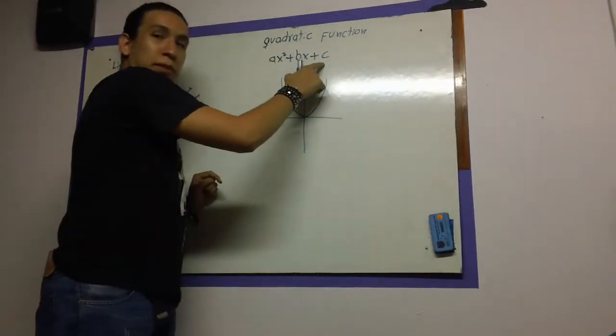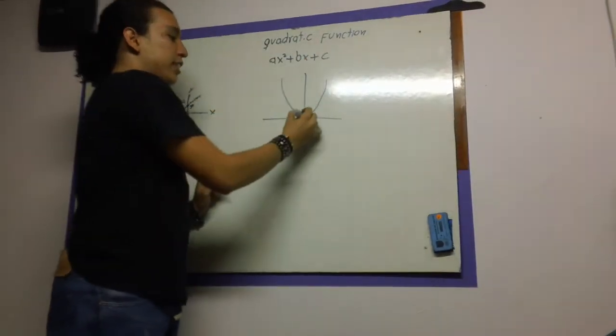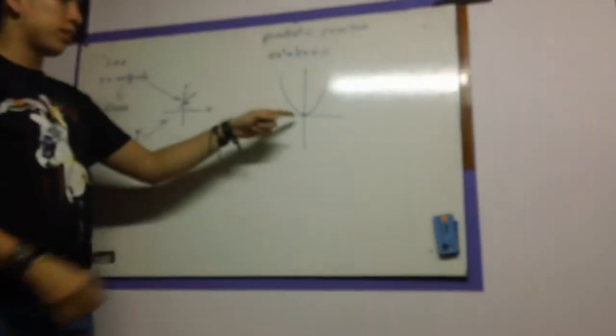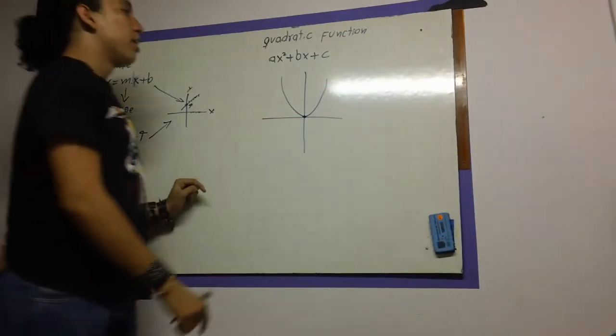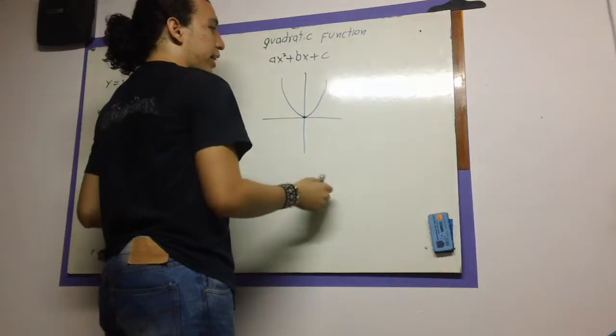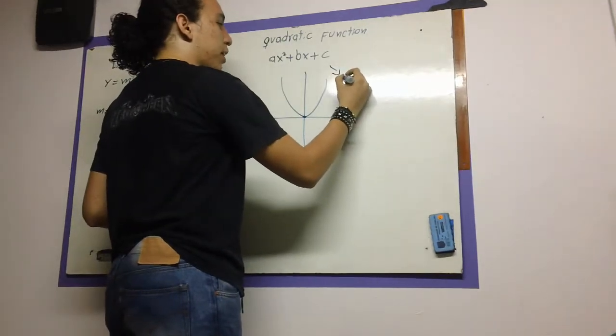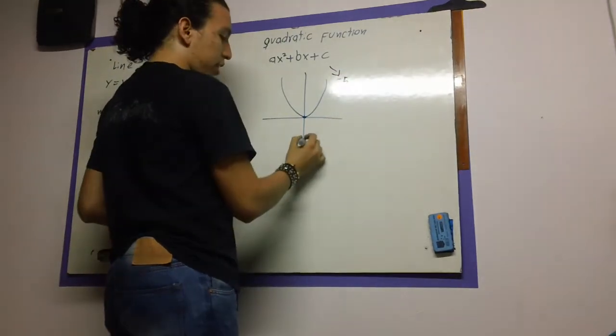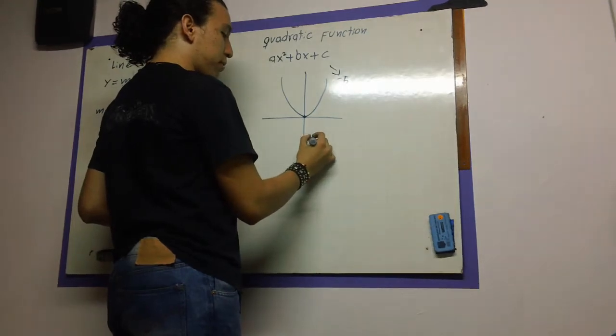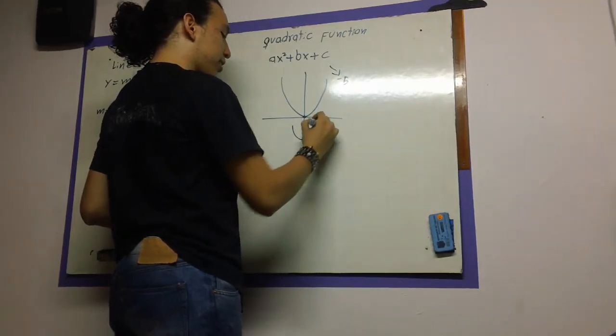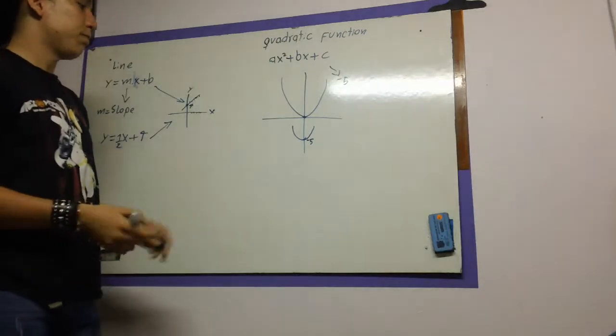Again, the independent value is the one who tells the cut of the shape with the y axis. So if c is something like, let's say, -5, the cut is going to be like this, at -5.